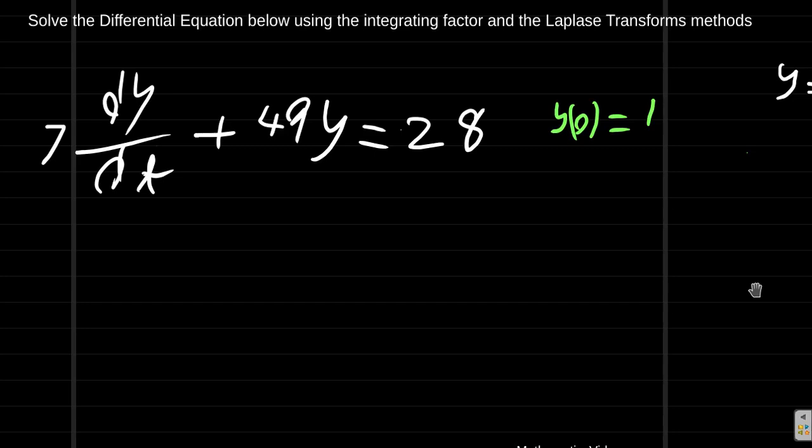In the previous video, we looked at solving this differential equation 7 dy by dt plus 49y equals 28. And we used the integrating factor method. And we have an initial condition of y of 0 is equal to 1.